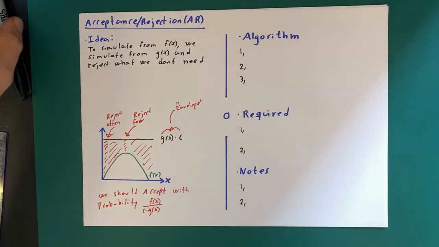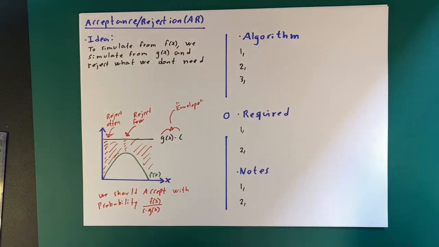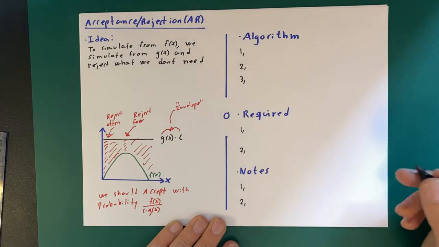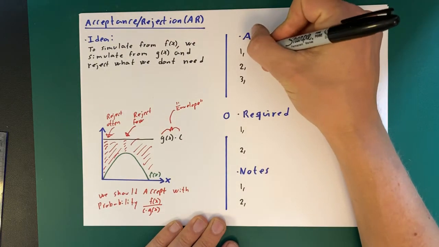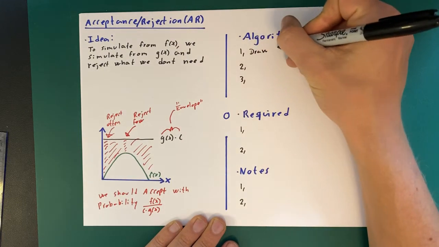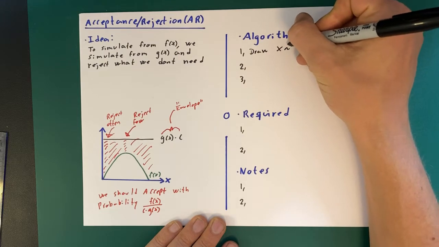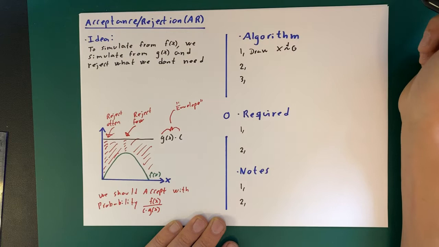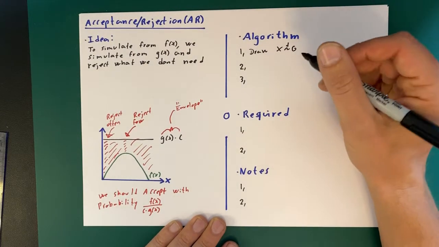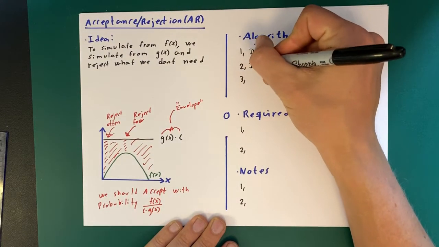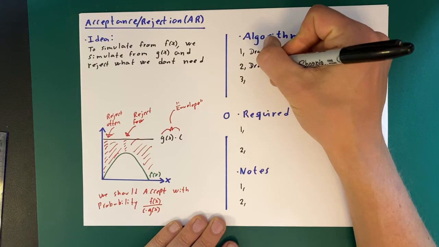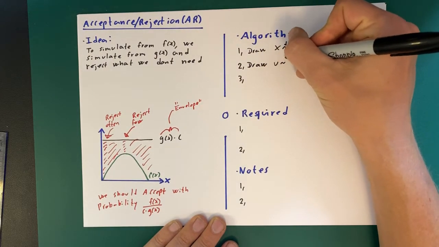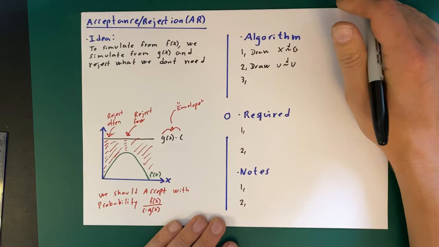Now, the way this method works, and I hope this has given you a very vague idea at least, is that first we'll draw x from, let's call it capital G, the proposal distribution, and then we'll draw u from the uniform distribution.